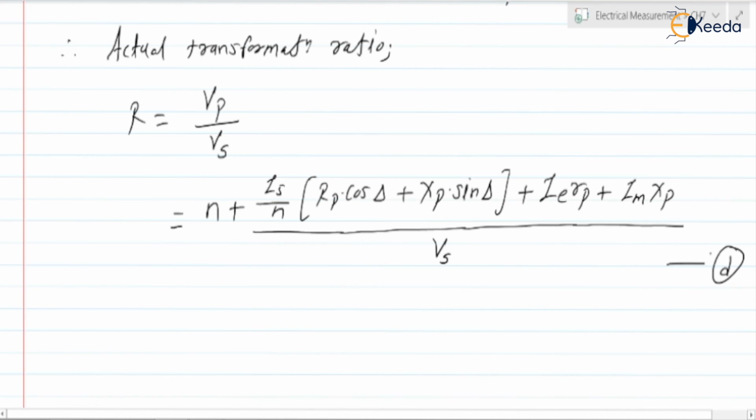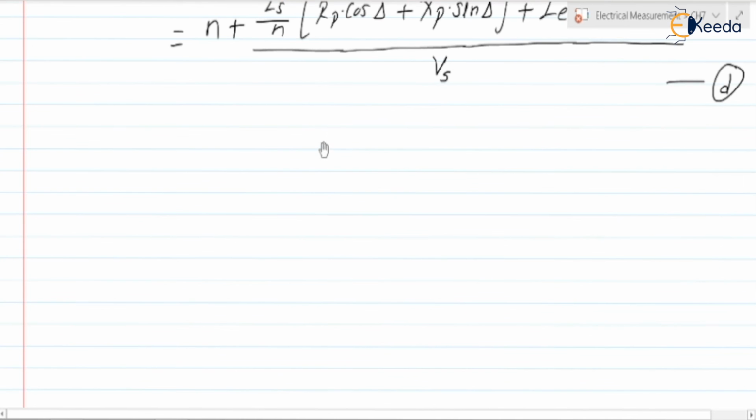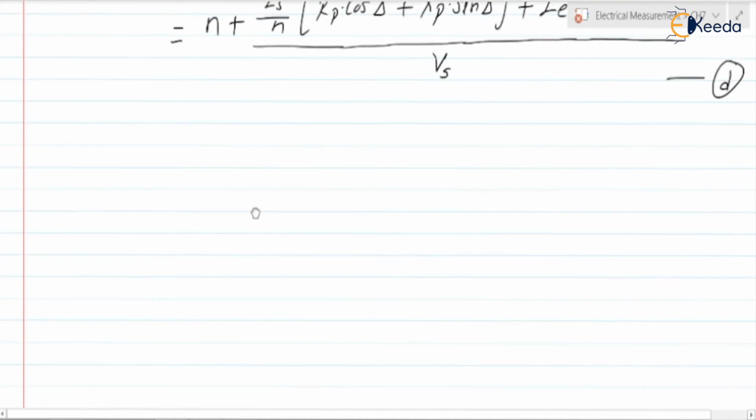Next, equation b is in terms of Rp and Xp. Now we are going to write it in terms of Rs and Xs also.